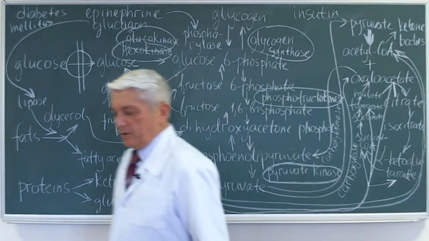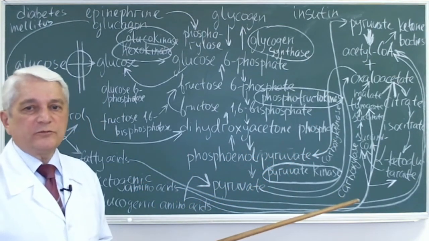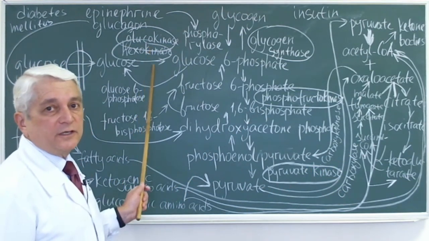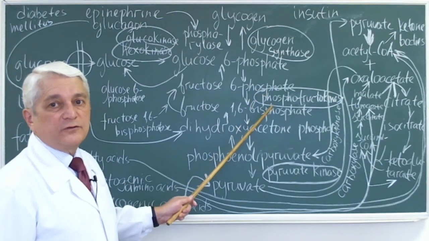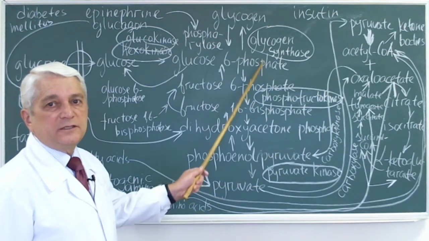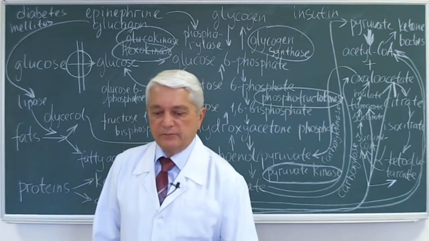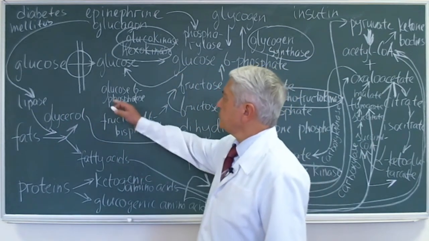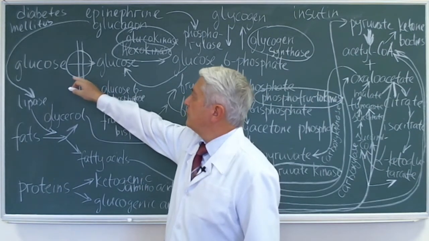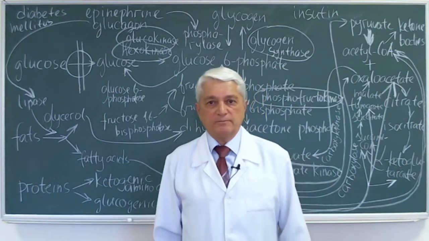Let's repeat once more. Biosynthesis of some enzymes is possible only in the presence of insulin. What enzymes? Glucokinase, hexokinase, phosphofructokinase, pyruvate kinase, glycogen synthase, and insulin also influences penetration of glucose through the cell membrane.